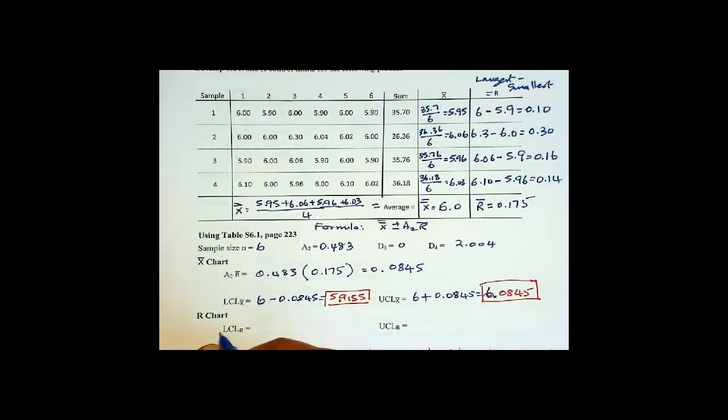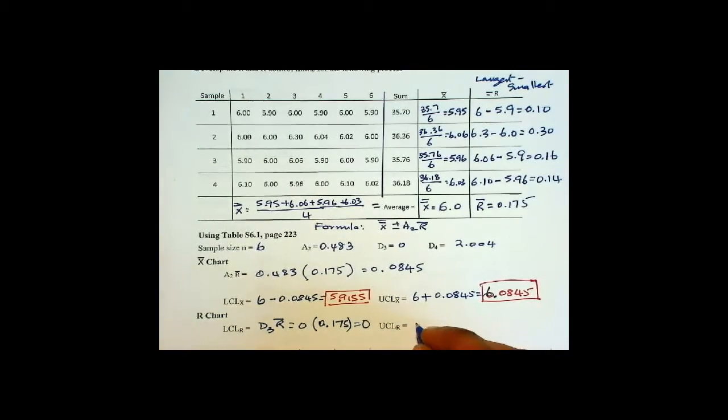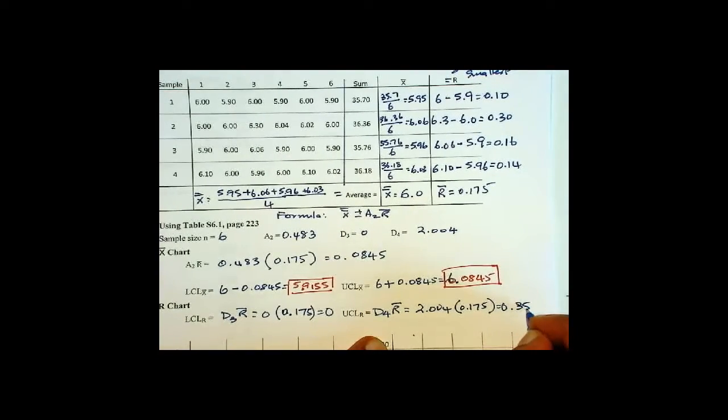Now the R chart lower limit is D sub 3 times R bar, which is 0 times 0.175, so that is 0, and then the upper limit is D sub 4 times R bar, which is 2.004 times 0.175, will give you 0.3507.